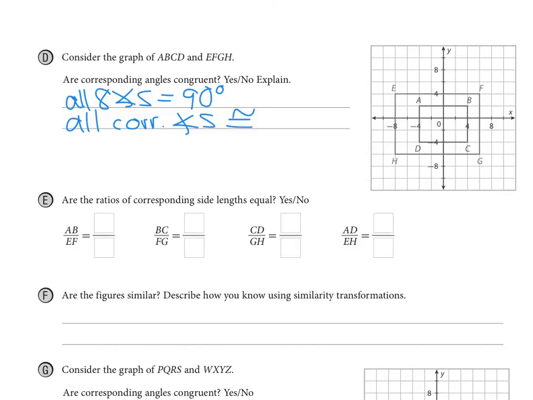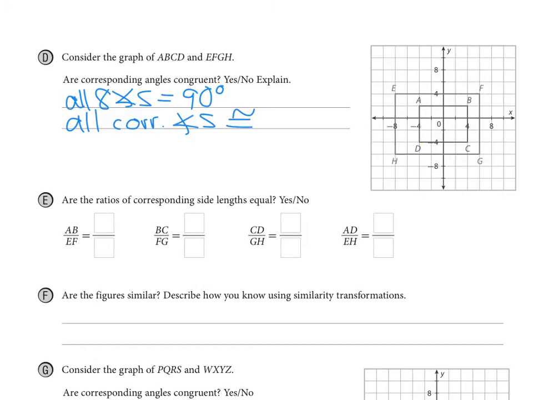Now what we're going to do is we're going to go through and establish what are the ratios of the sides. Notice as we're looking across these ratios that are set up for us already, AB, BC, CD, and AD, all 4 numerators, are going to be coming from the smaller figure.